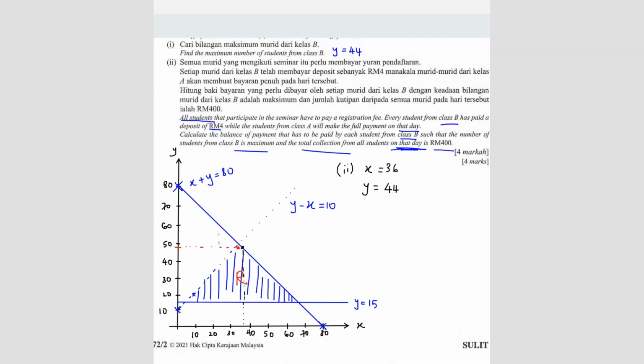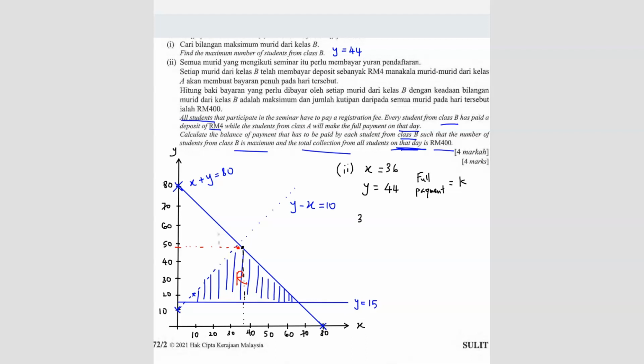So what we want is to form an equation for this. Let's assume the full payment is K. We put a constant for it. On that particular day, a student from class A is going to pay the maximum.